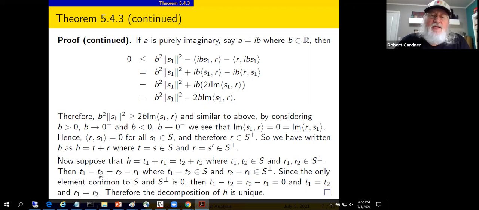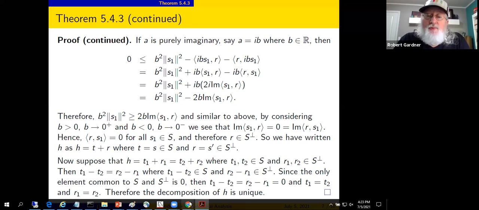The only thing that occurs in both a subspace and its perp space is the 0 vector. Easy to confirm that. So it must be that T1 minus T2 and R2 minus R1 equal 0, since it's common to both S and S perp. In other words, T1 equals T2, R1 equals R2, and there's a uniqueness.